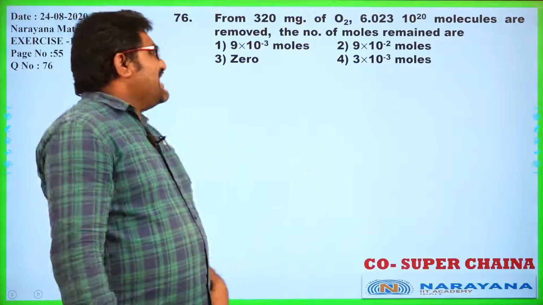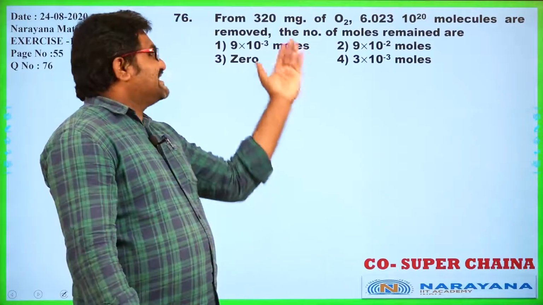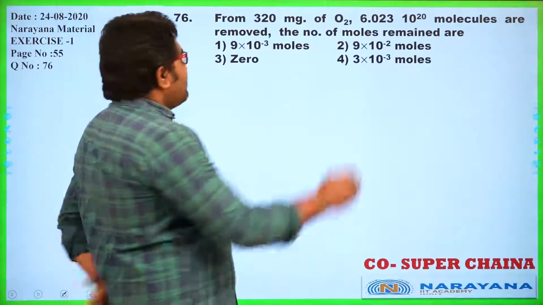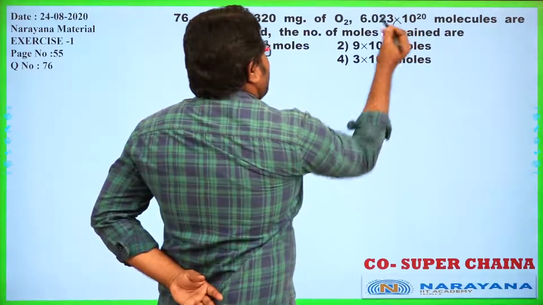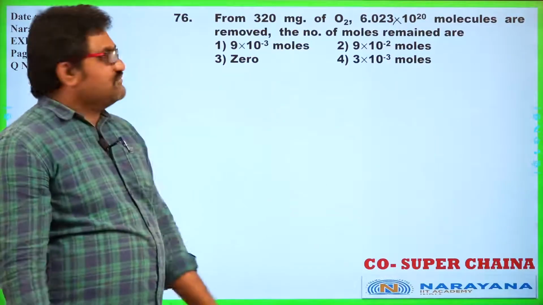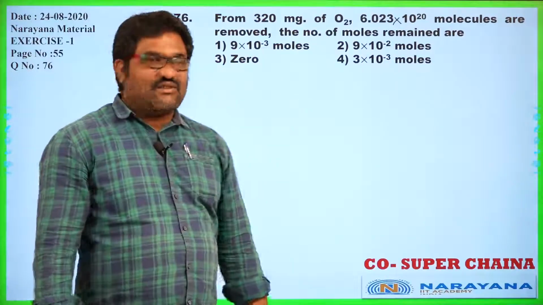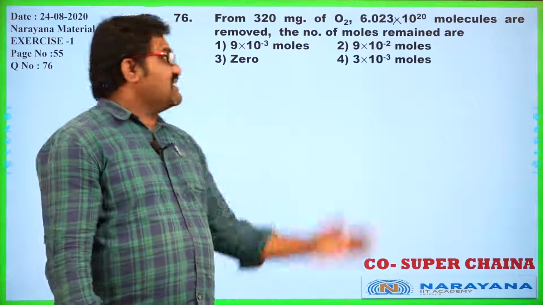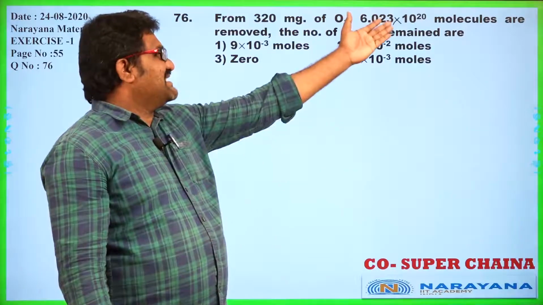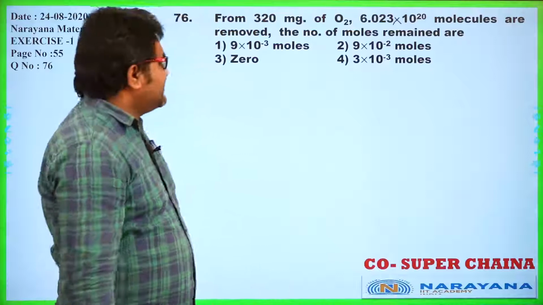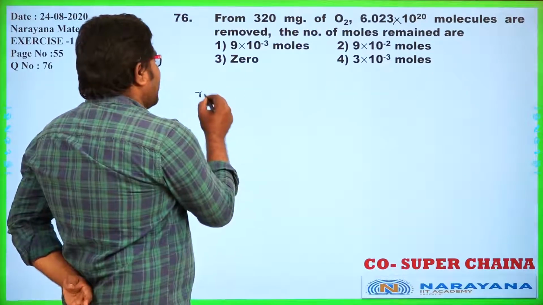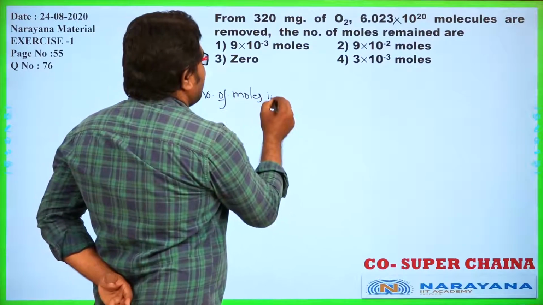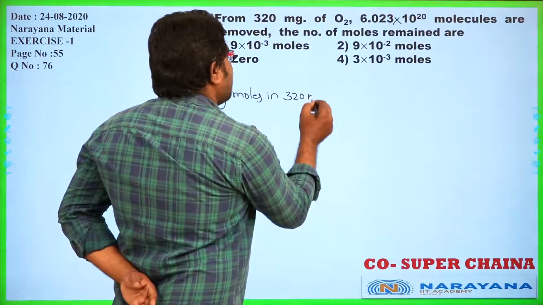From 320 milligrams of O2, 6.023 into 10 power 20 molecules are removed. What is the number of moles remaining? In both cases, we can convert into number of moles, because we can subtract the number of moles present. Separately, I can calculate the number of moles in 320 milligrams of oxygen.